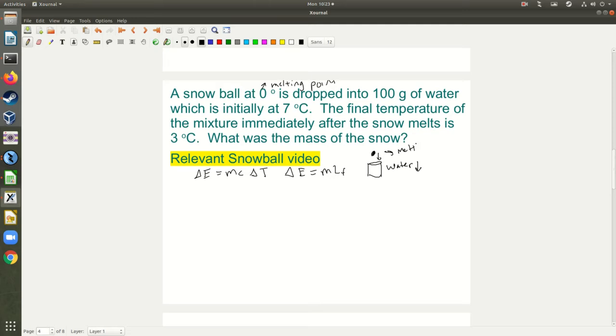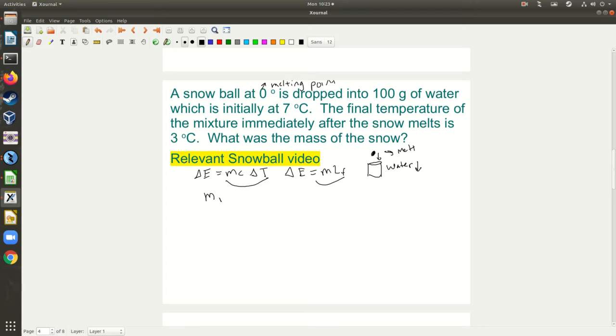So two things happen. Now, if it's a perfect insulator, let's say we do this inside of a thermos, I know that all of the energy that goes to cooling down the water is going to go to melting the ice, i.e. snowball. And so what I can do is set these equations equal to each other.